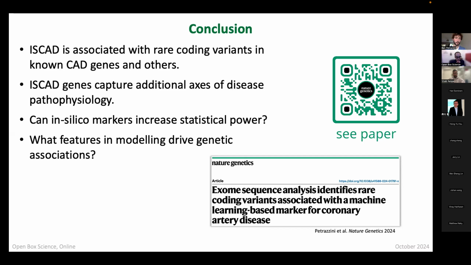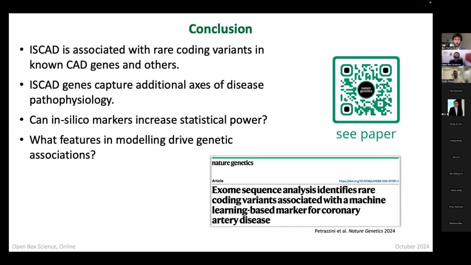So in this sense, you could say that genes associated with this can capture additional axes of CAD pathophysiology beyond CAD cases and controls, which you could think are skewed to the disease mechanisms that are used for disease diagnosis, which isn't the case with ISCAD.